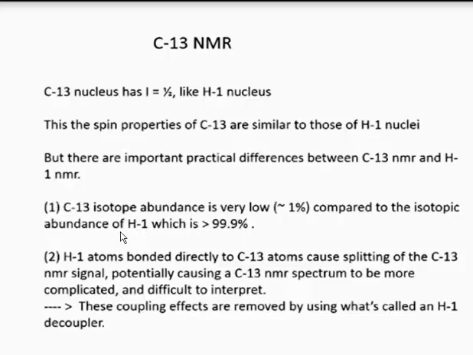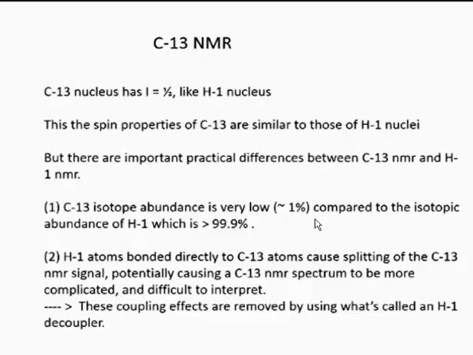In contrast, the percent abundance of C13 is very low, only 1%. That means that only 1 out of every 100 carbon atoms in an organic molecule is C13. 99 out of 100 are C12. But C12 is magnetically inactive and does not produce an NMR signal.